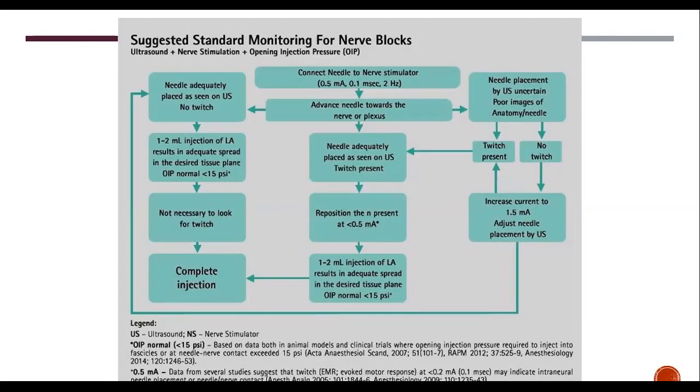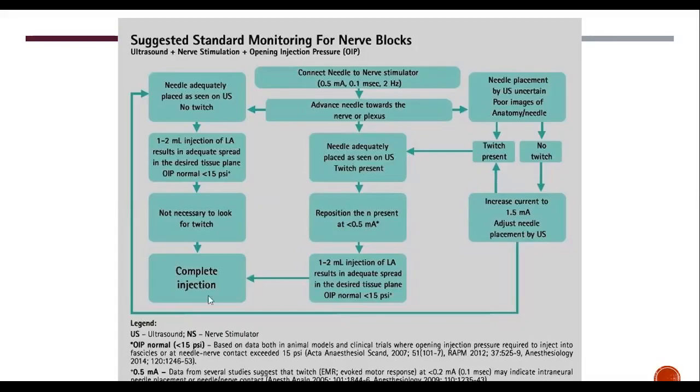Suppose on advancing the needle towards a nerve or plexus, the needle placement by ultrasound is uncertain, with poor images of anatomy and needle, and if the twitch is present, then you can complete the injection if the opening injection pressure is less than 15 psi, and you are getting the response at less than 0.5 milliampere. Suppose there is no twitch, again increase current to 1.5 milliampere, and adjust the needle placement by ultrasound.